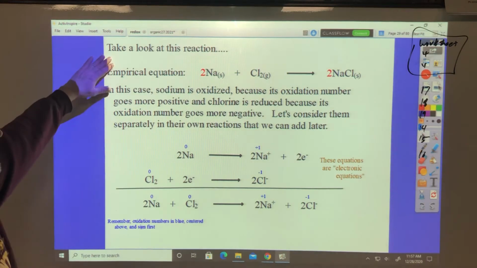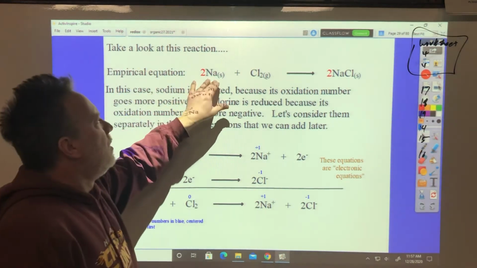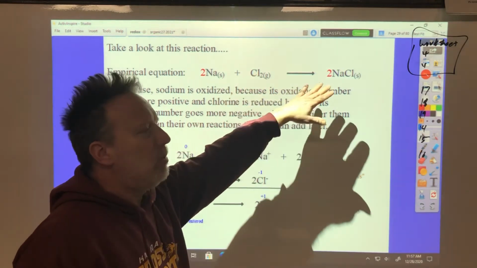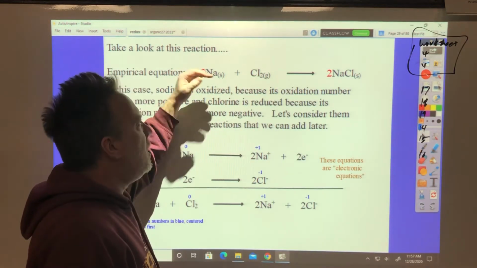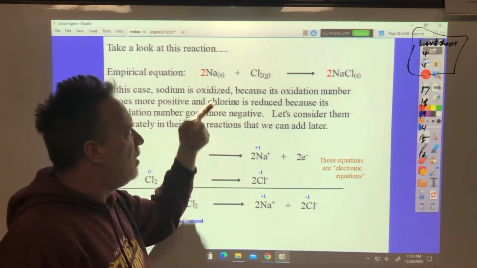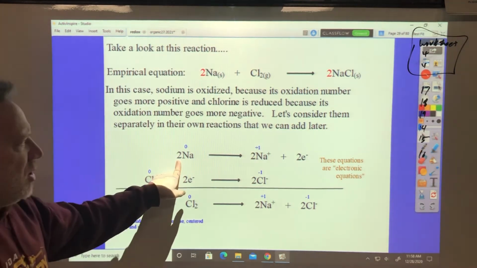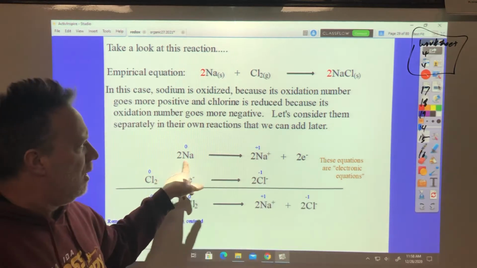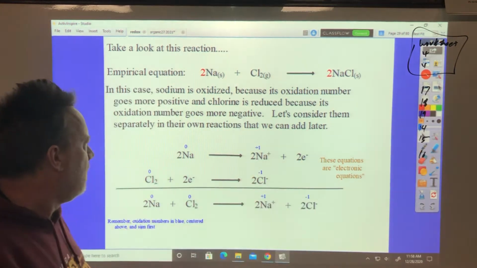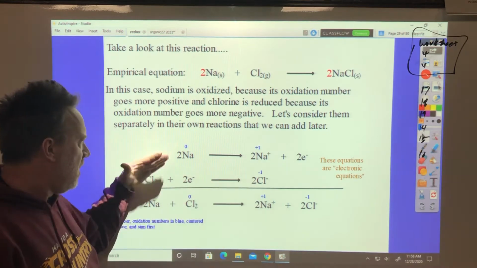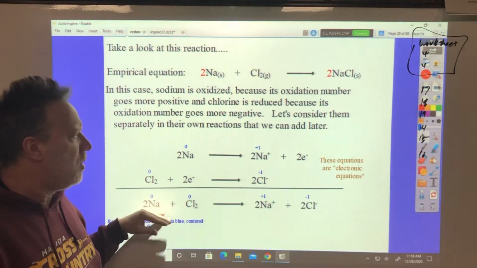So let's take a look at this simple one. Sodium mixed with chlorine makes sodium chloride. You have to heat the sodium up and expose it to chlorine gas, and this will go. In this case, sodium is oxidized. It loses electrons. Chlorine is reduced. It gains electrons. And this is the balanced chemical equation.